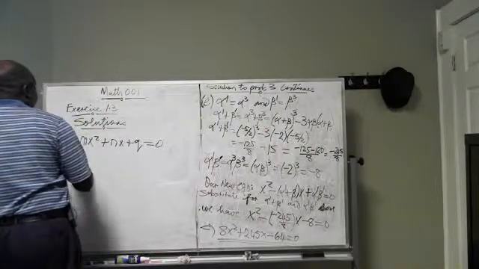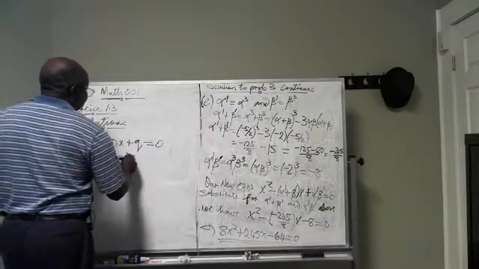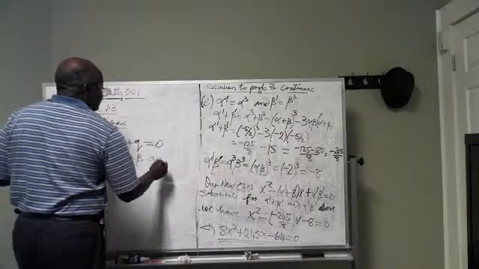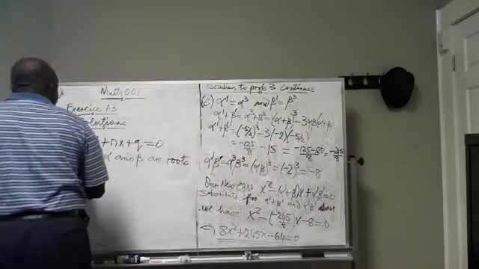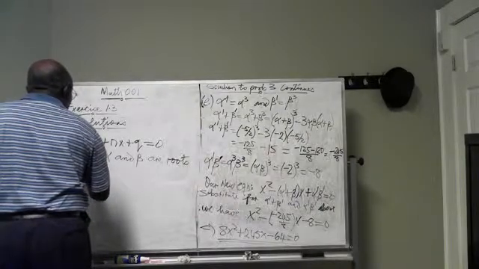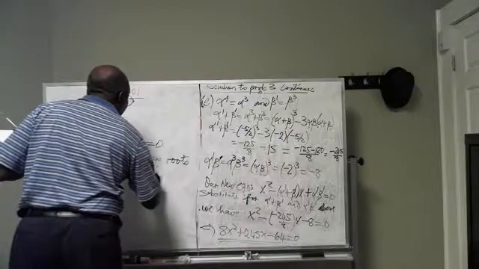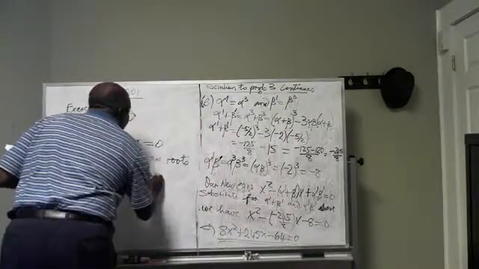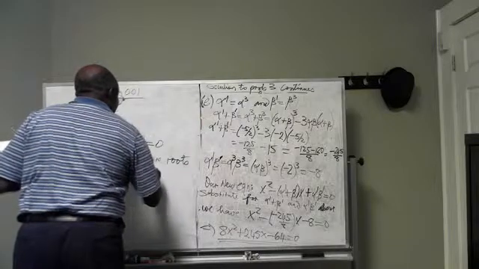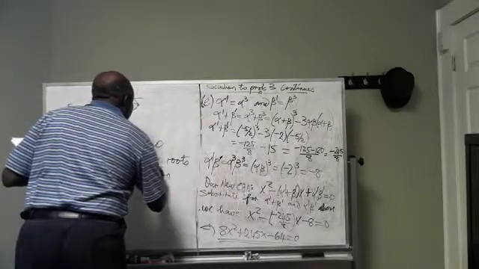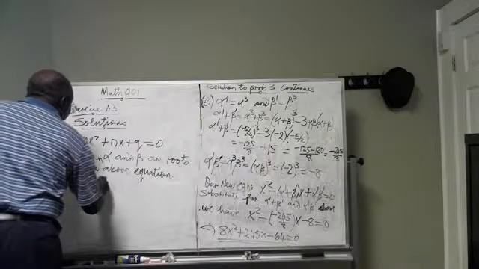Now, given alpha and beta are roots of the above equation, beta is equal to 2 alpha.